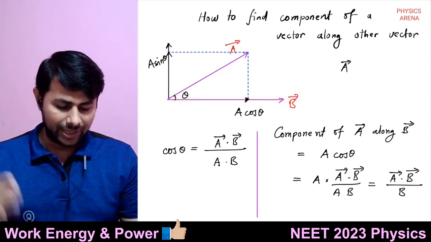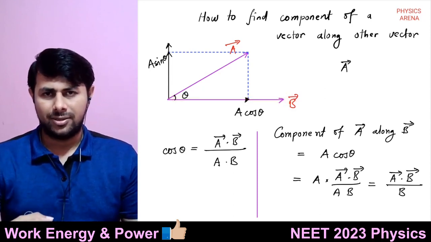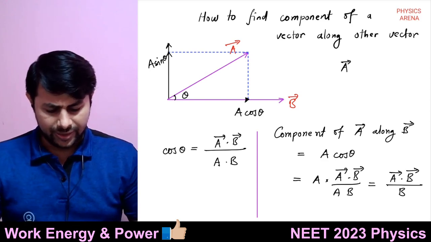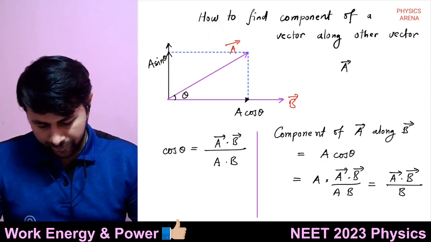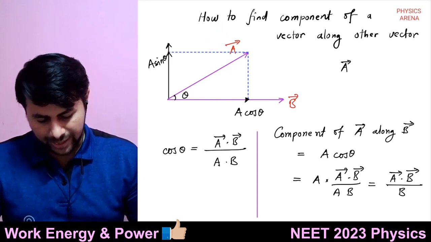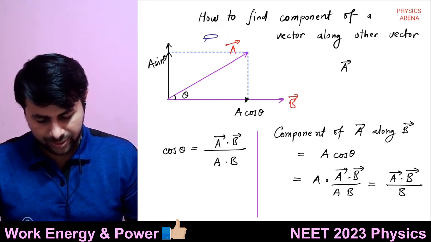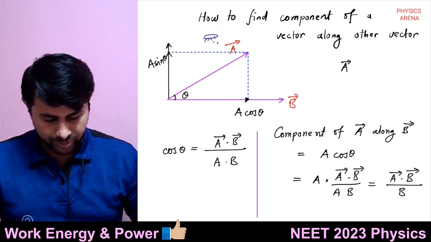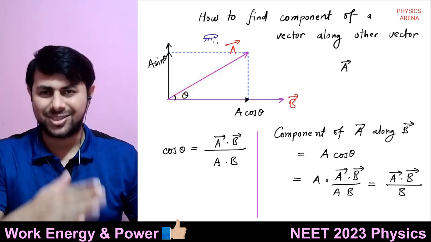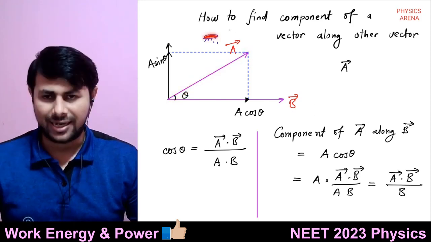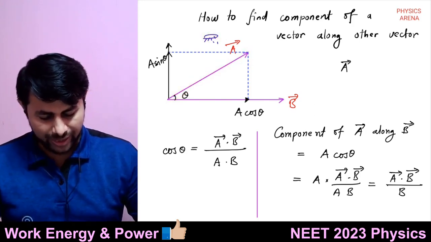Projection of A bar along B bar, you can say, is like this. Let's suppose you shine some light over here, and A bar is a stick. What will happen?